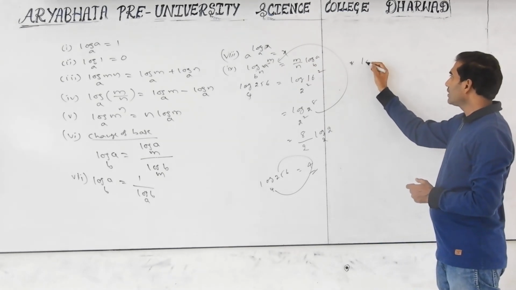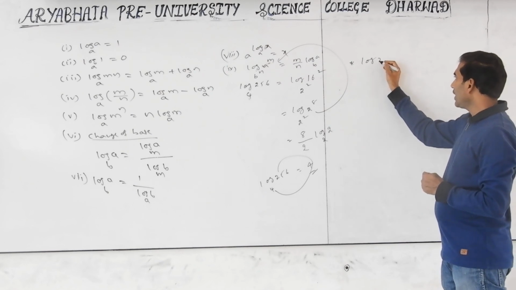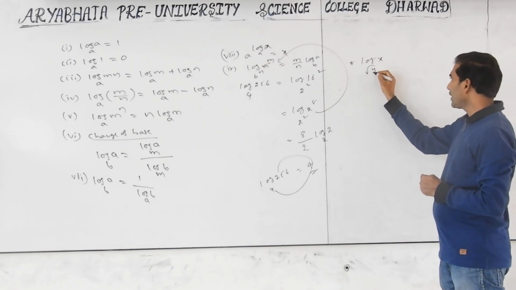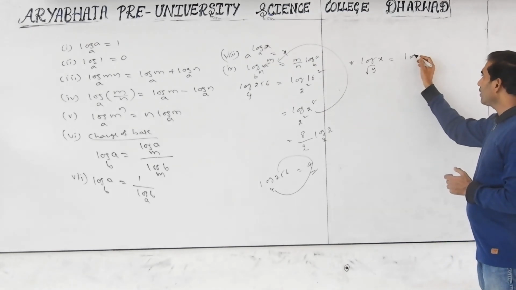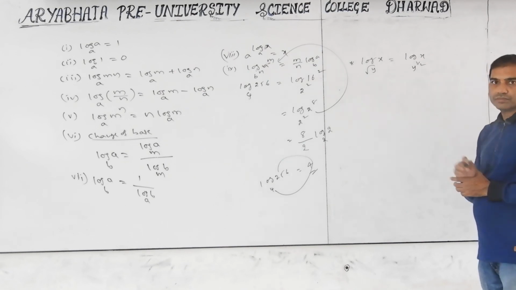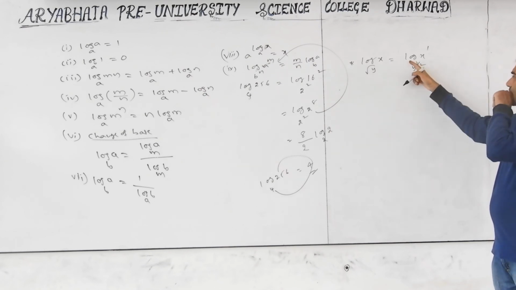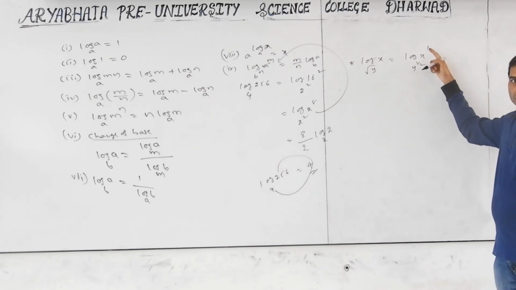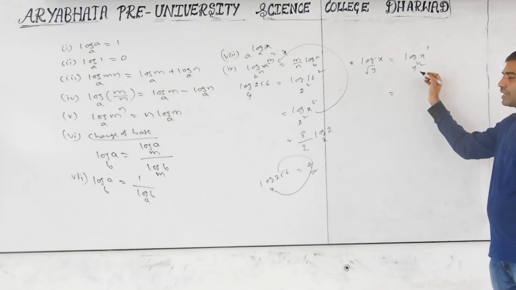Next. Logarithm of x by root y. The way of simplifying: log of x root y we can write like this, 1 by 2. Here the power is 1. Which form does it contain? Log of a raised to m, base b raised to n, equals m by n.